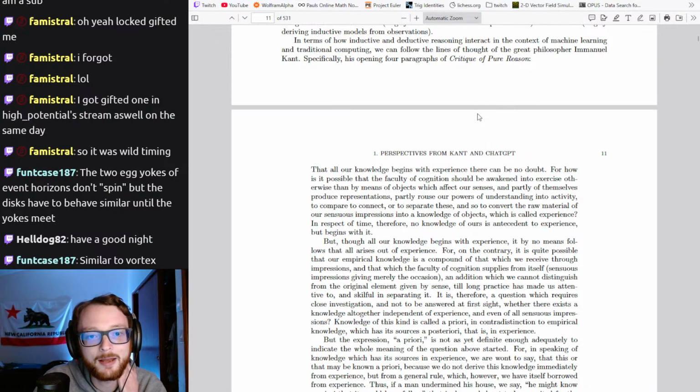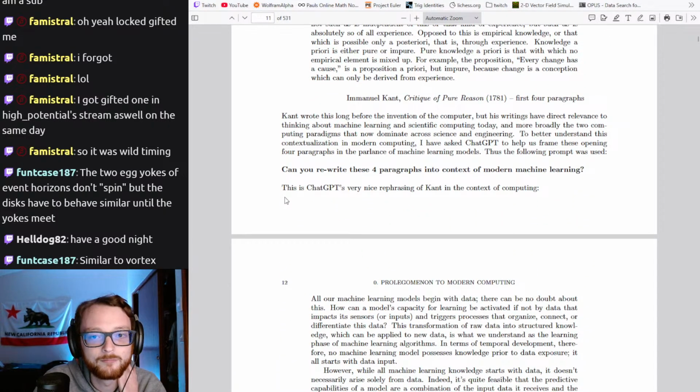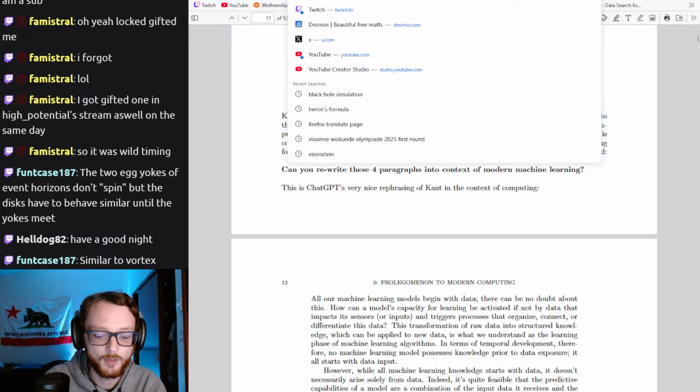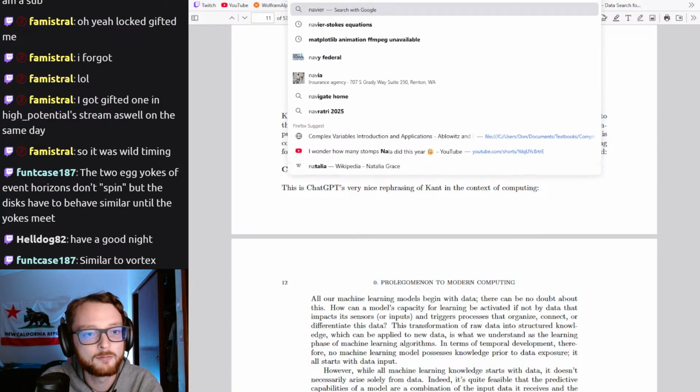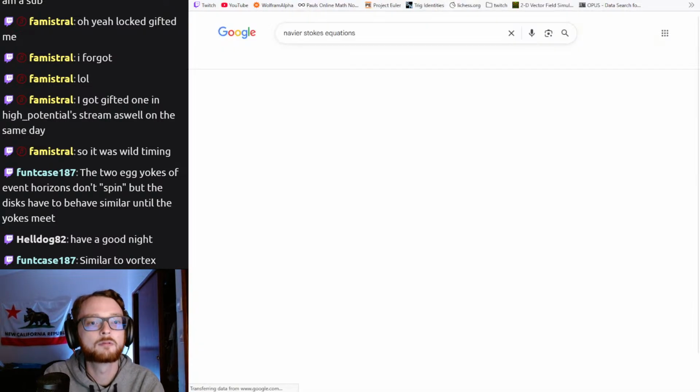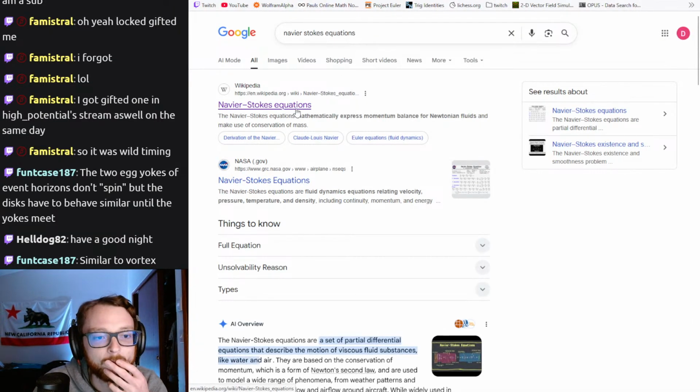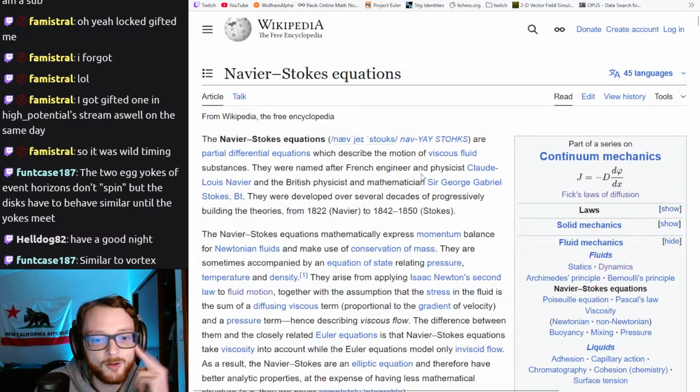Honestly, I don't know enough about the physics of what I'm doing here to speak about it knowledgeably. We could see if there's a mention. The thing I'm using is Navier-Stokes.